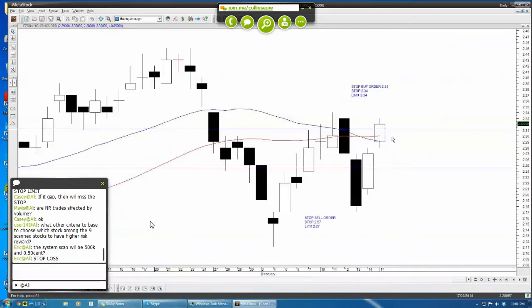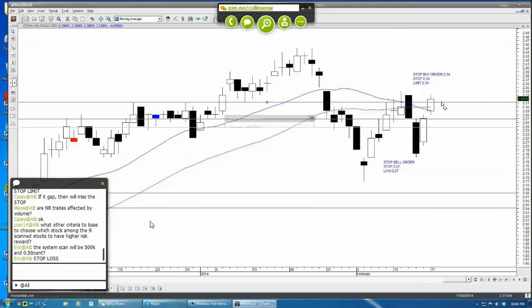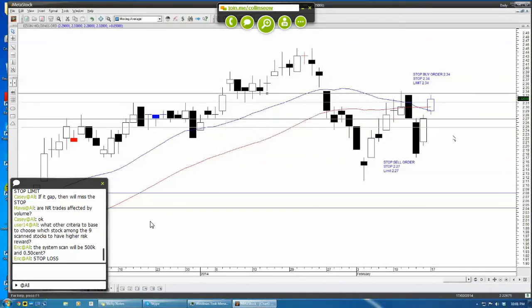Example right now, here, this trade, which is a sell here and then a buy here. Which one will be better, sell or buy? I feel that a sell will be better, if it comes down. Depends.